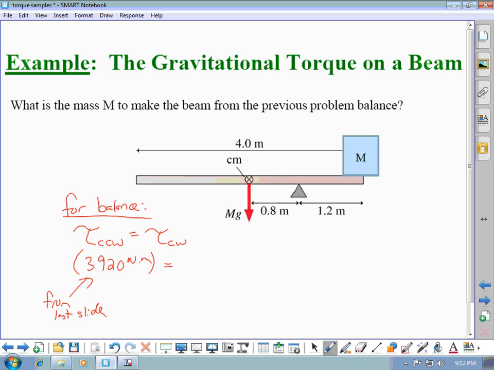The clockwise torque is going to be this weight over here, m times 9.8. So that's my force. And I need to multiply that by the 1.2 meters, which again is the distance from where that force is applied to the fulcrum.